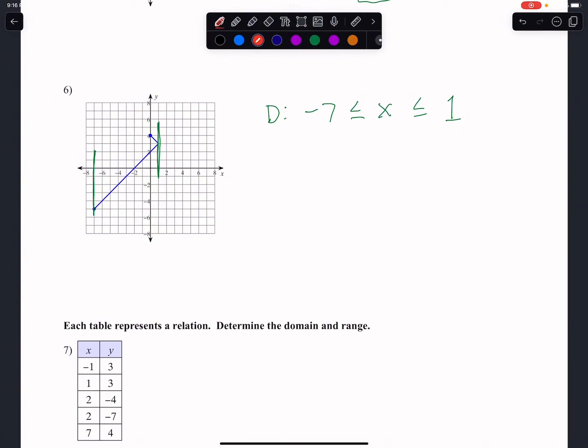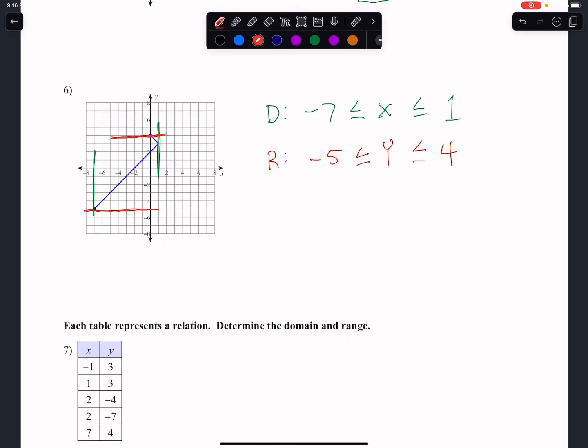Hopefully you got that. Range. Lowest point. That's down here. -5. Closed dot. Range is always Y. Highest point it goes is right here. Closed, and the answer is 4.